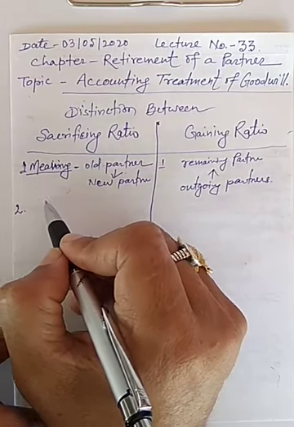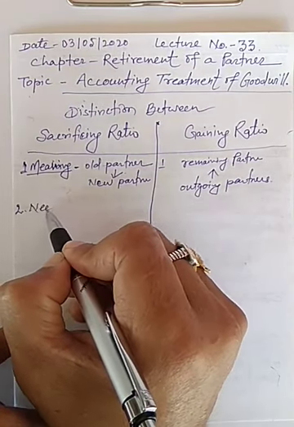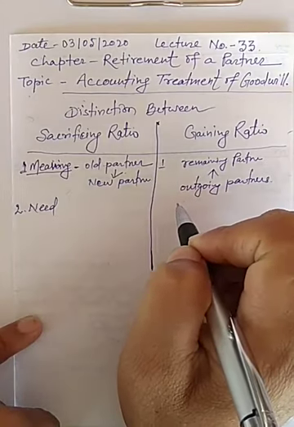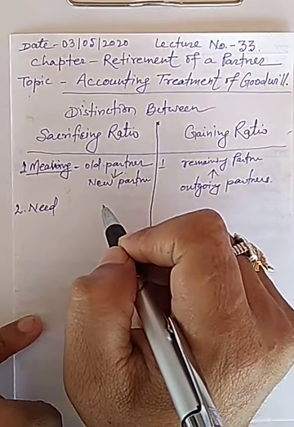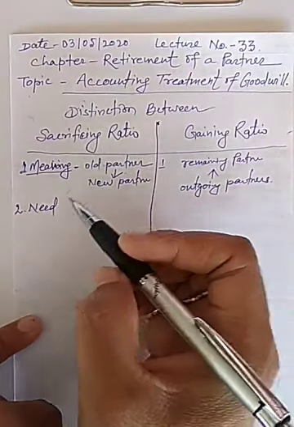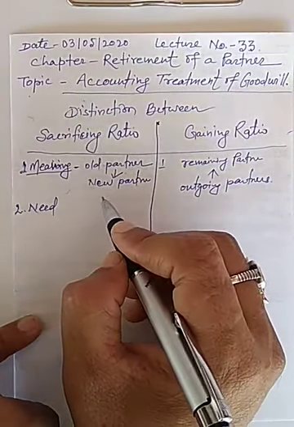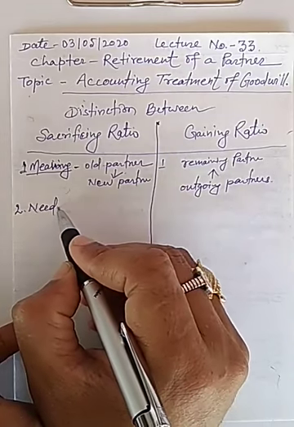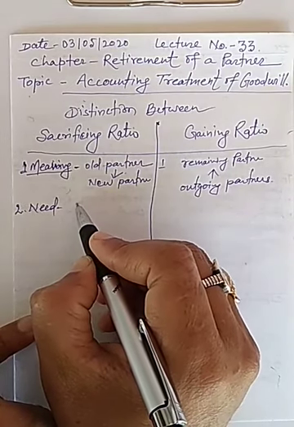Second difference is on the basis of need. What is the need for calculating sacrifice ratio and gaining ratio? Sacrifice ratio is used during the admission of a partner.